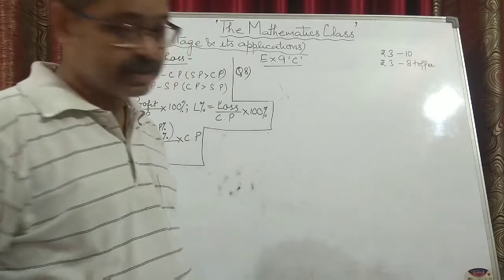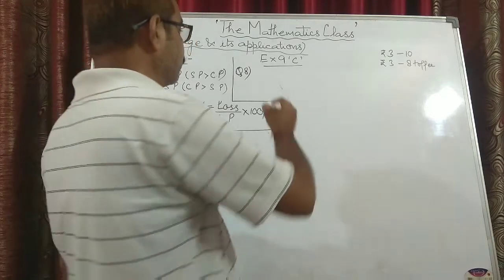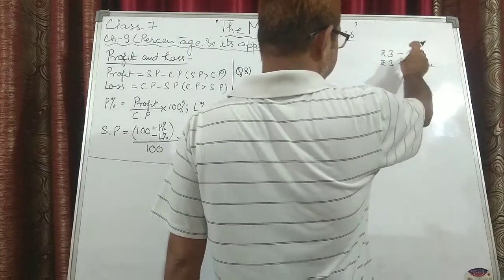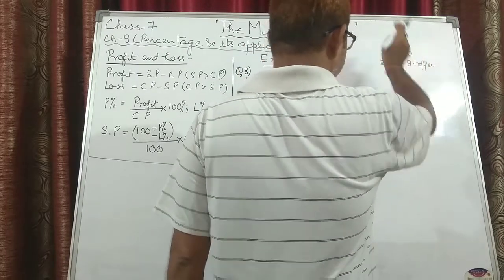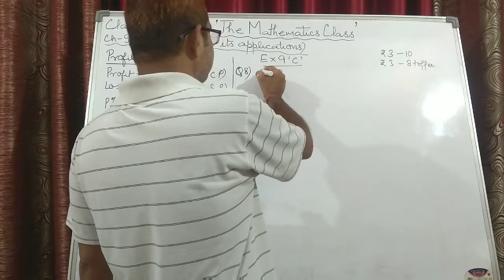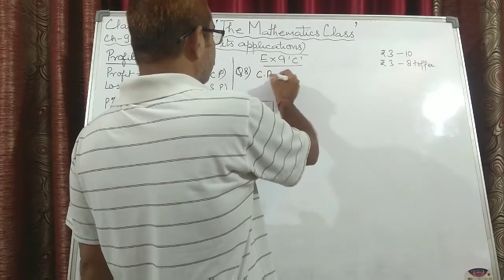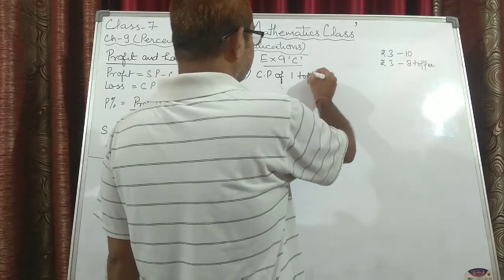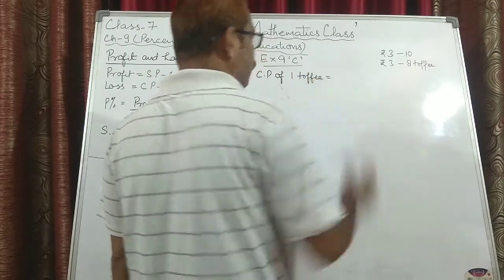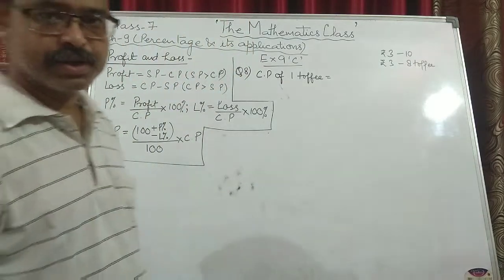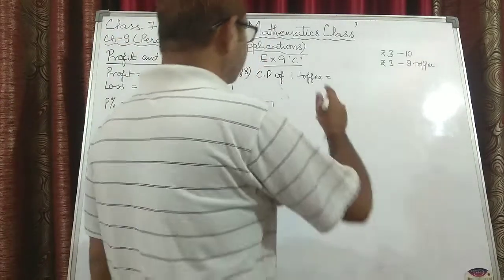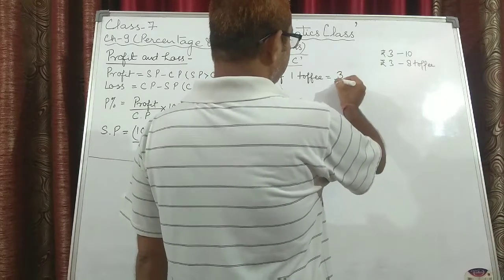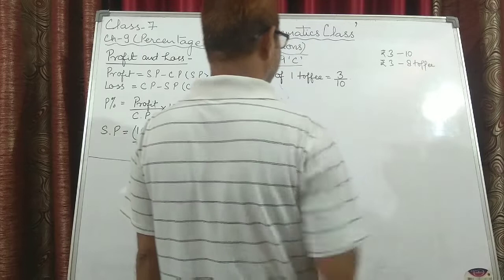So we have to find the gain percent. If she is purchasing 10 toffees for 3 rupees, the cost price of 1 toffee will be 3 upon 10 rupees.